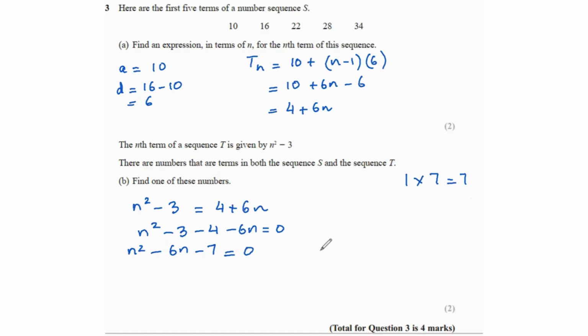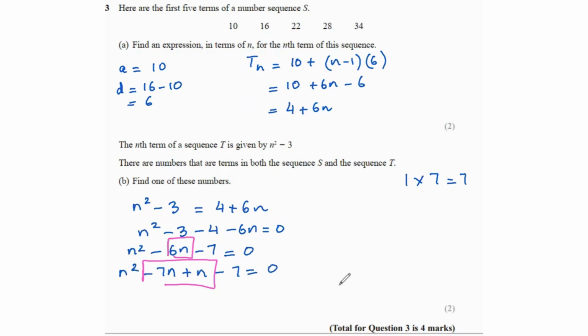So we're going to pick that set of factors and use it to replace the middle term. So n squared minus 7n plus n is the same as negative 6n. So basically, this is the same as this. And this 7 comes as it is.